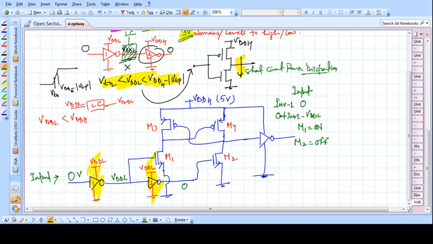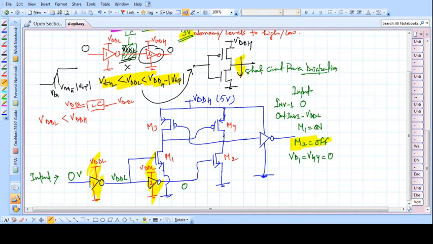NMOS operation, and when the M1 is on, the VD1 voltage across the drain, or we can say the voltage across the gate of the M4 transistor, equals 0. Is it okay? That's what I am doing.